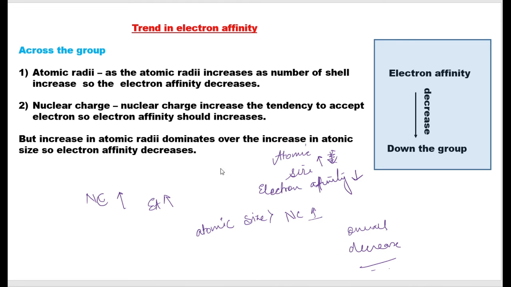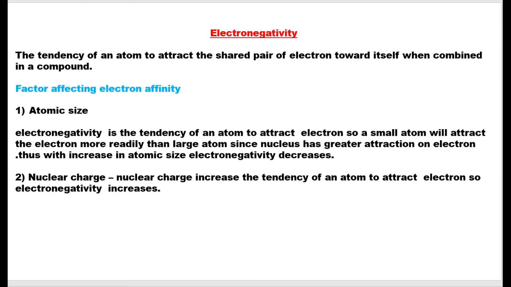The next property is electronegativity. Electronegativity is nothing but this: suppose two atoms are combined to form a compound. The tendency of an atom to attract the shared pair of electrons towards itself. A and B are two atoms involved in the formation of a compound. Therefore, they will be sharing electrons to form bonds.